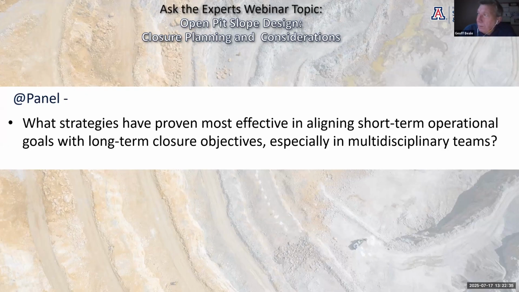There are a couple of good examples of this. I was involved with a due diligence team last year in which a tier one mining company was looking to purchase a site from another large mining company.